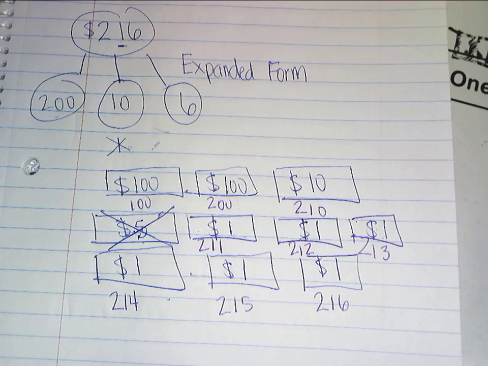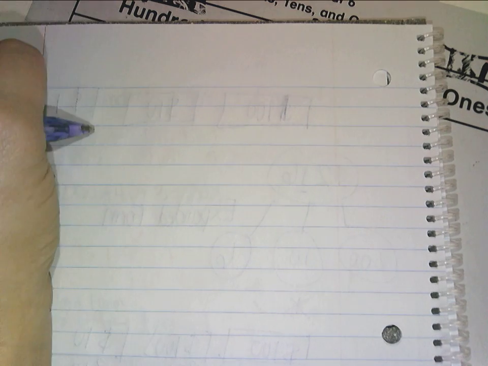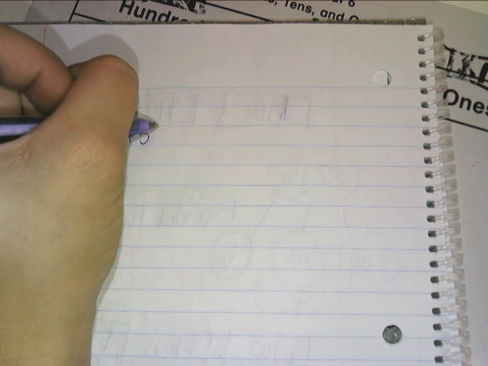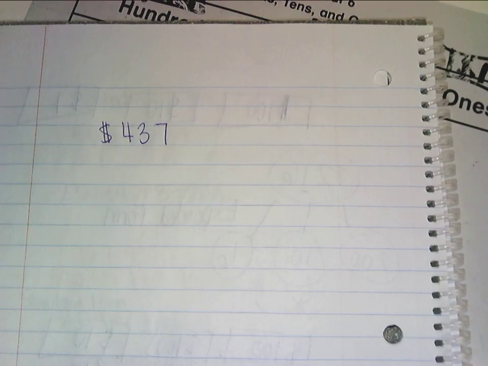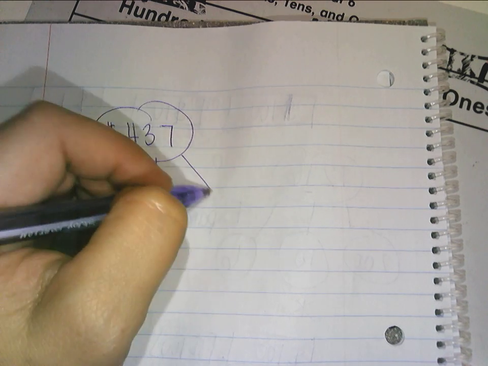Okay, because in real life, you're going to have to learn how to use money. And this is exactly how you do it. You apply your knowledge. Let me give you one more example. Okay, let's say you have to represent the number 437. So first, you want to use that expanded form like a number bond.